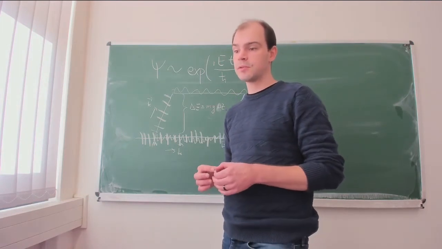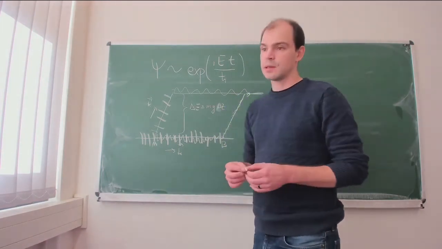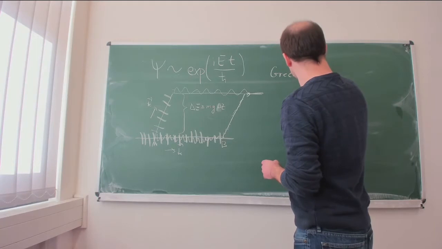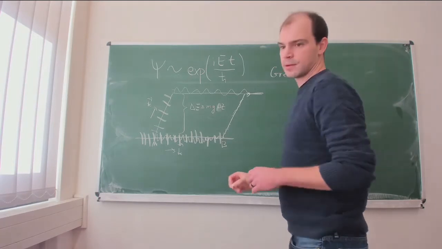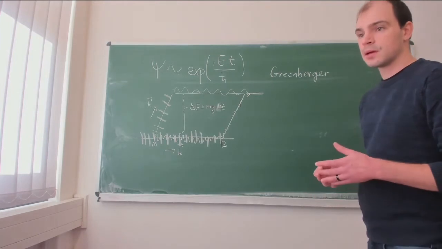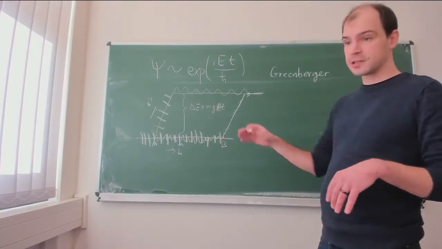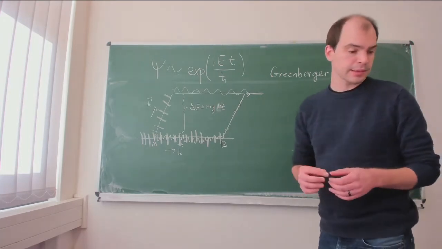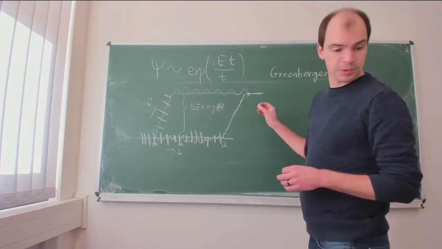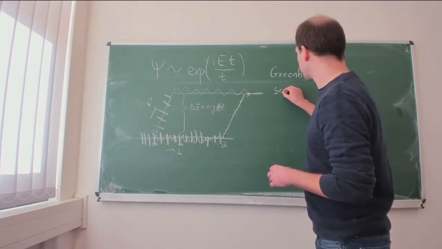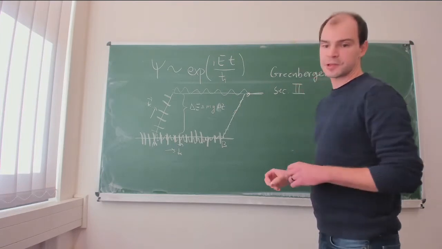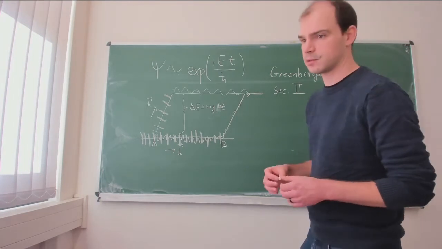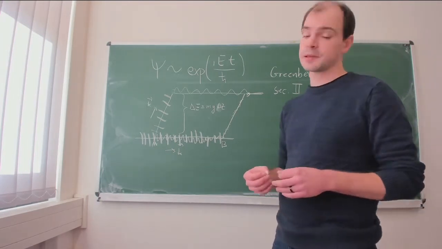There is a review paper by Greenberger, a longer review article where he discusses all different aspects of this particular neutron interferometer, including the gravitational effect. I wanted you to look at one particular section, section 2 of this paper. In section 2, he describes how we get an interference pattern in general without the gravitational field.